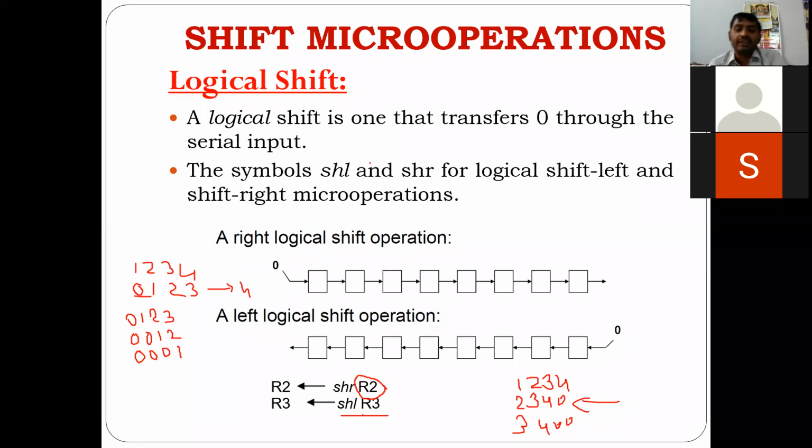Generally, the operation can be explained with only one shift, but when we are writing programs, sometimes we'll be using it many times, like in loops. In C programming, you might have gone for loops, for i equal to 1 to n or something, you will be writing it like that.